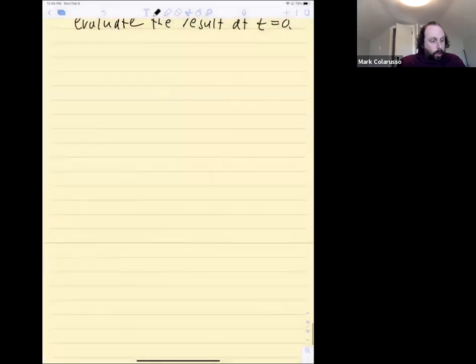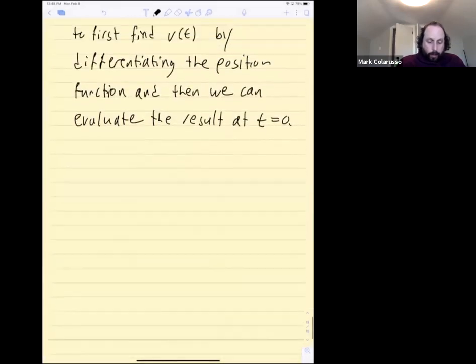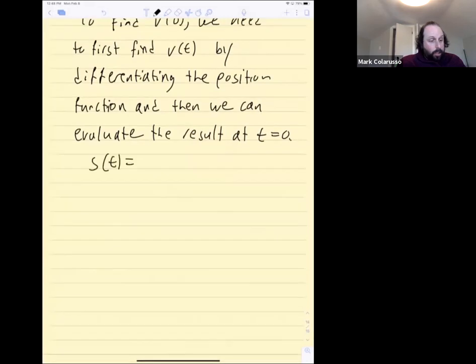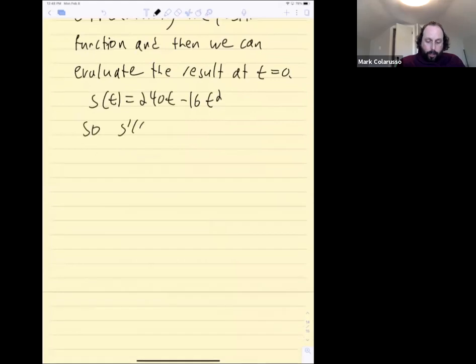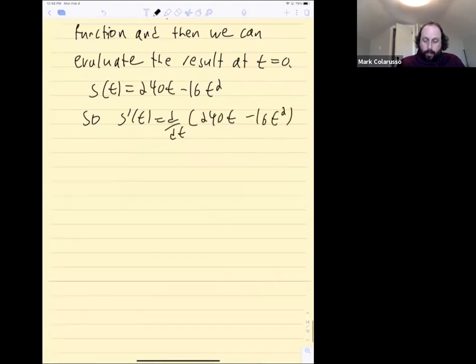Okay, so what are we told here? So we have s of t equals 240t minus 16t squared. So s prime of t is the derivative of this guy, 240t minus 16t squared.